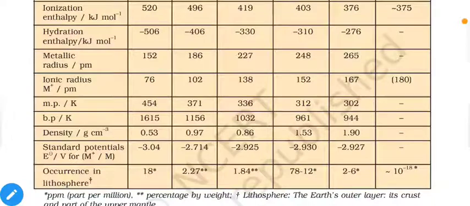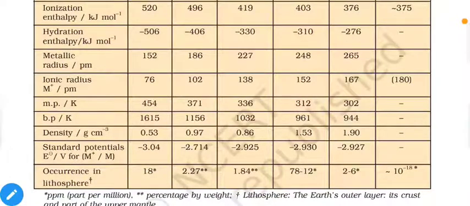And if the tendency of self reduction is lower, then it will be comparatively lower. As we can see, all of these metals show negative values of standard potentials. It represents that their normal nature is to get oxidized. It will lose the electron. Reduction means acceptance of electron. Oxidation means removal of electron. So all of them show negative values. It represents they are highly electropositive. Normally they will lose the electron.